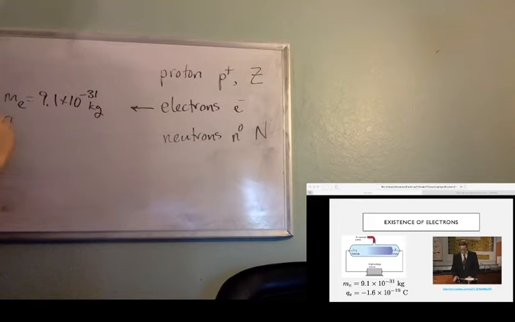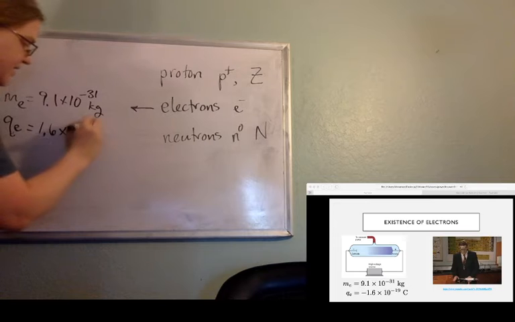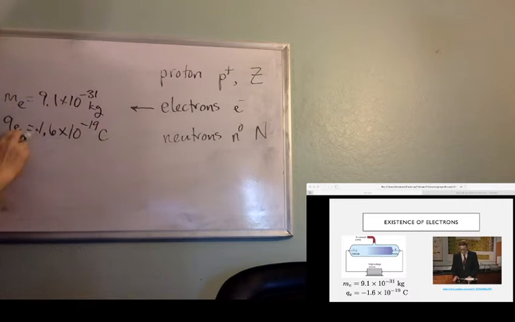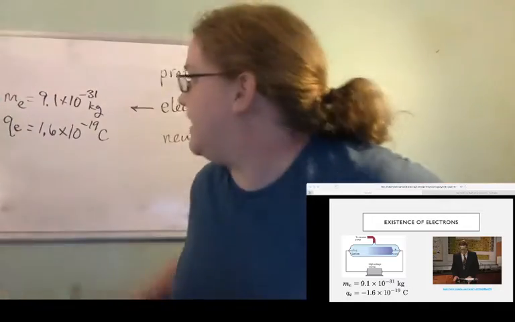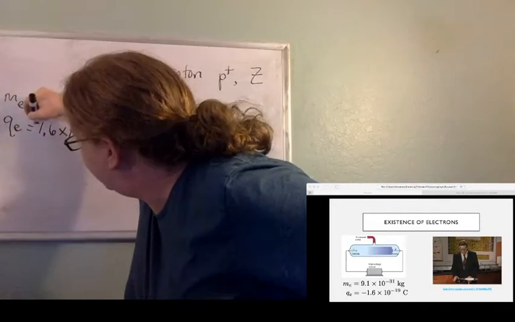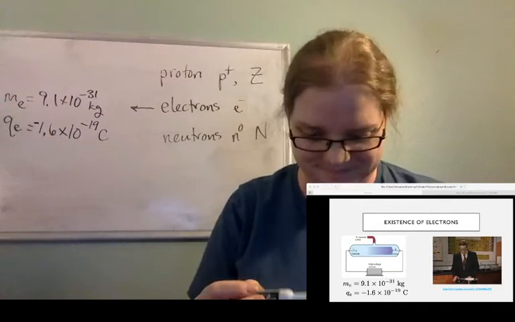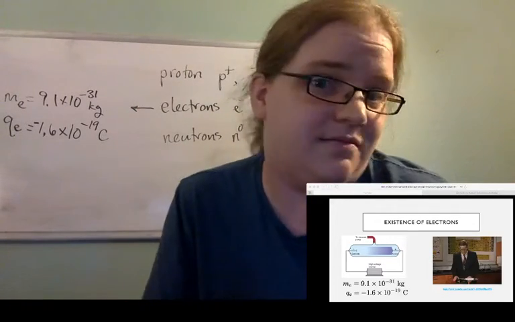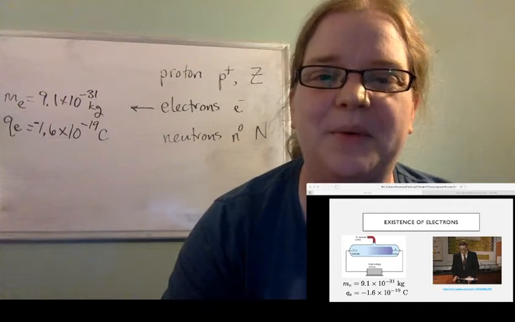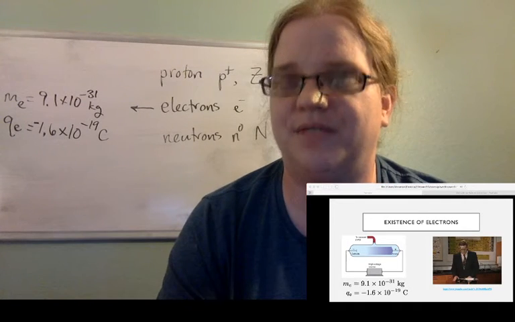And then the charge of the electron is 1.6 times 10 to the minus 19 coulombs. Oh, and they're negative. So the negative sign. Okay. And those numbers are, okay, that's a number. But we'll be able to compare that to some of the other numbers.